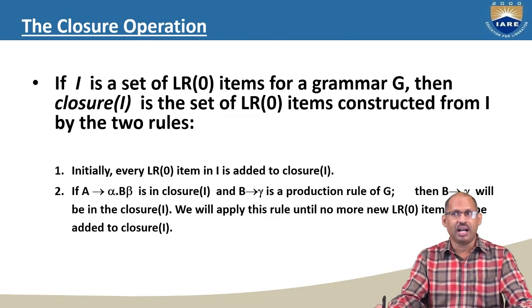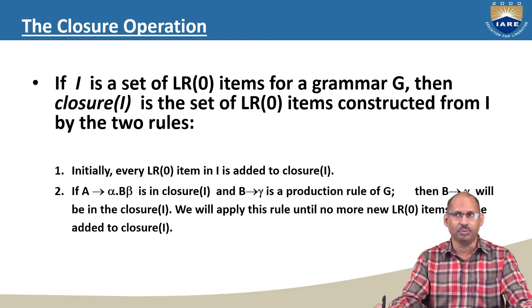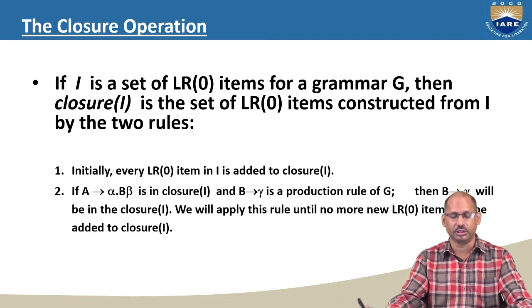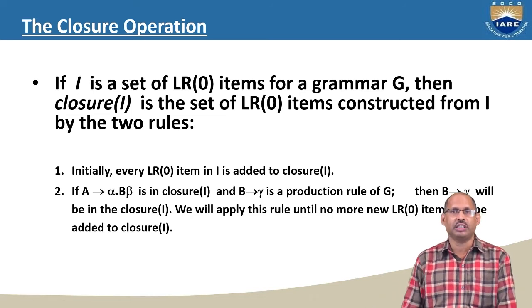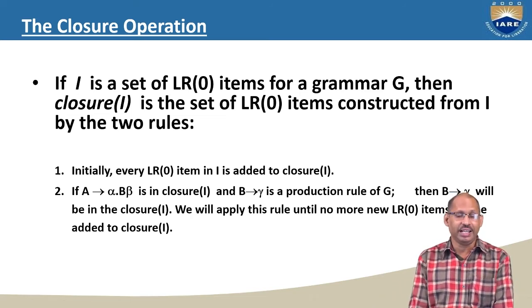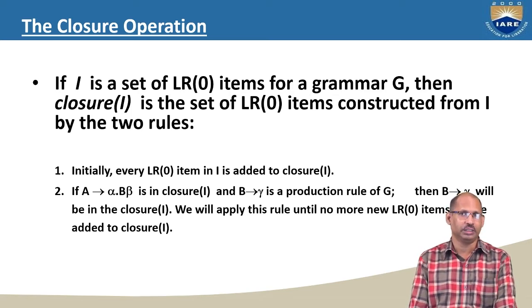If I is a set of LR(0) items for grammar G, then closure of I is a set of LR(0) items constructed from I by two rules. In the construction of the SLR parsing table, we use two operations: the closure operation and the goto operation.